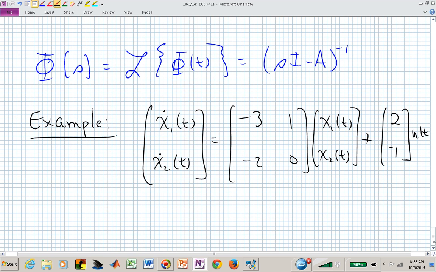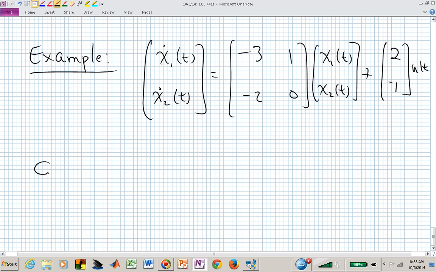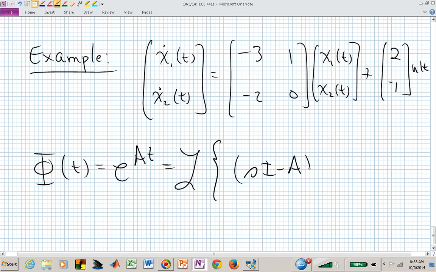We now want to find the matrix exponential phi of t, which is now the inverse Laplace transform of (sI minus A) inverse.